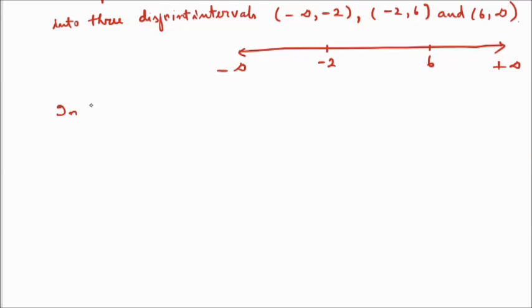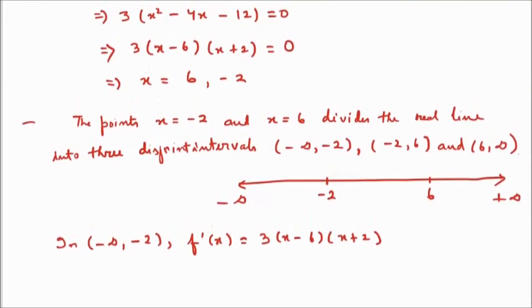In the interval minus infinity to minus 2, my f dash x, which was nothing but 3 into x minus 6 into x plus 2.